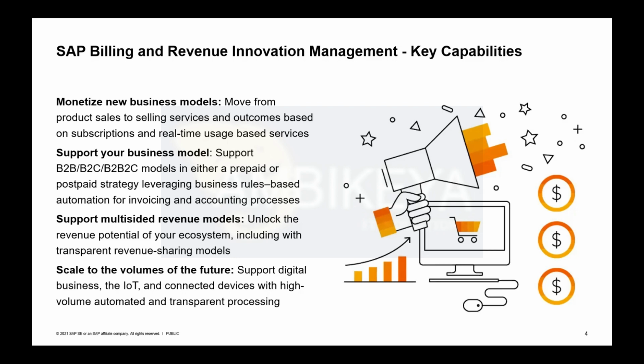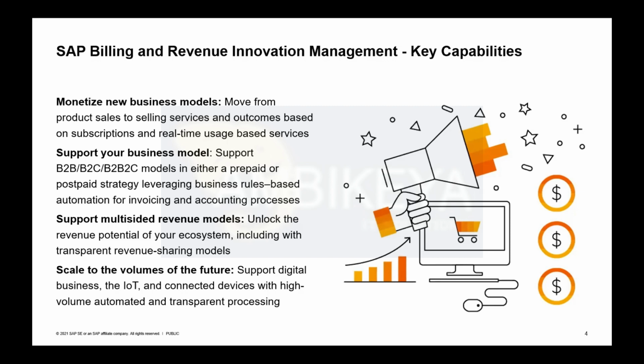And with billing and revenue innovation management, we have the scalability. We are able to handle B2B processes, which are, according to complexity, a bit lower, but have a very high volume. And we are also able to handle B2C processes because we are able to handle complexity and masses.